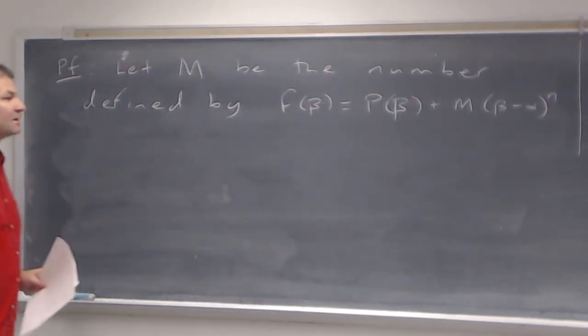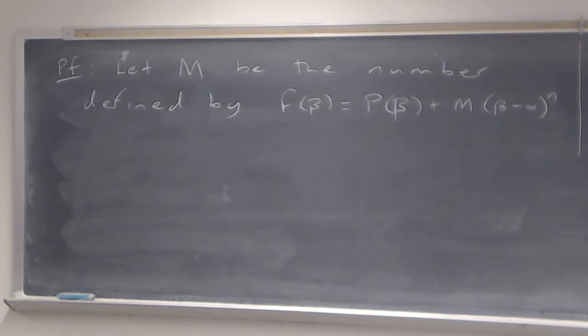That resembles the form of the conclusion of Taylor's theorem. What we want to show is that m needs to be equal to the right thing to get the conclusion.